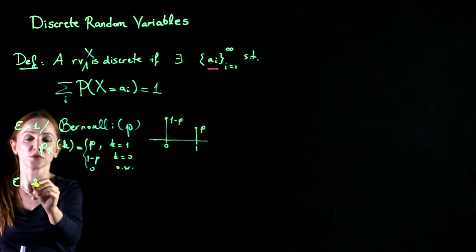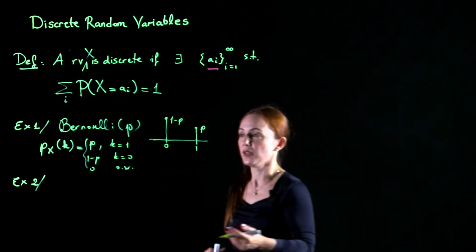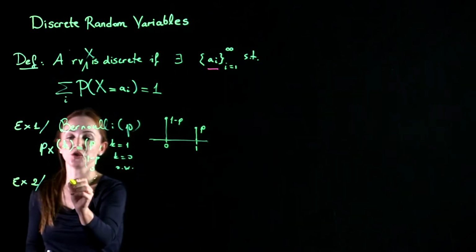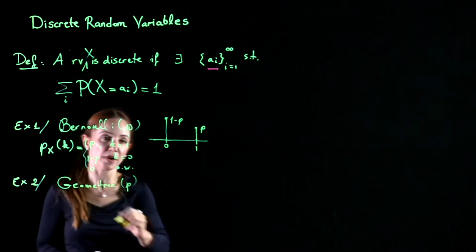Another example that is related to the independent trials experiment is the geometric distribution with parameter p.